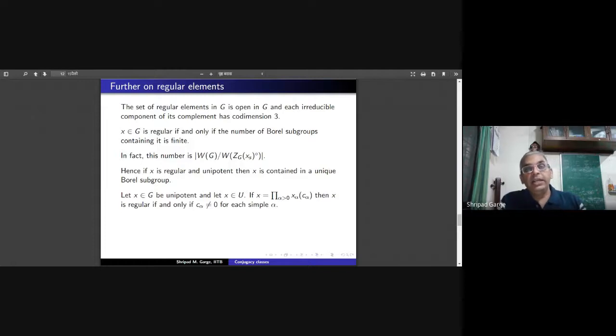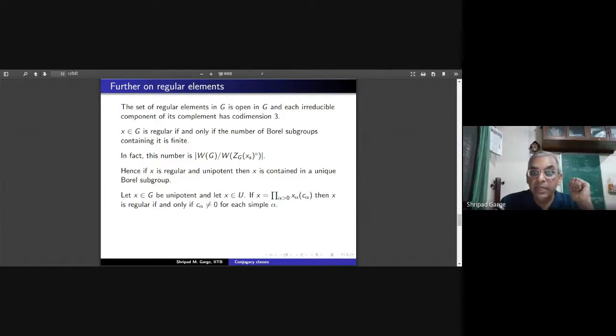We have seen already that the set of regular unipotent elements is open in the set capital V of unipotent elements. If you look at all regular elements in G, that set is open in G, and it may not be irreducible, but each irreducible component of the complement has codimension 3.